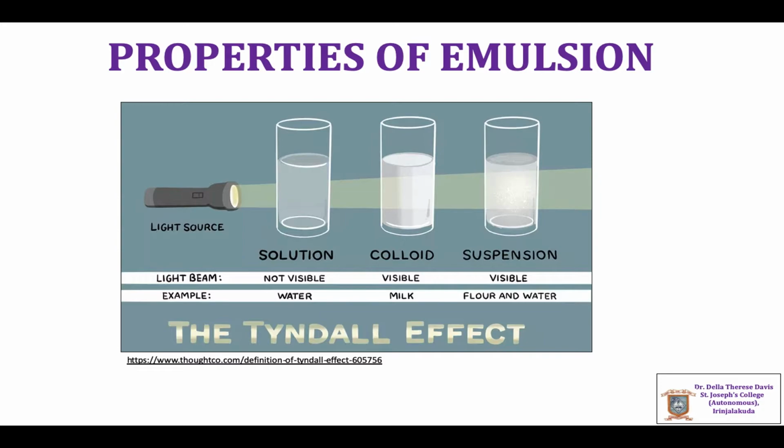Usually emulsions appear cloudy or white because light is scattered off the interface between the components. And if all the wavelengths are scattered equally, the emulsion will appear as white.